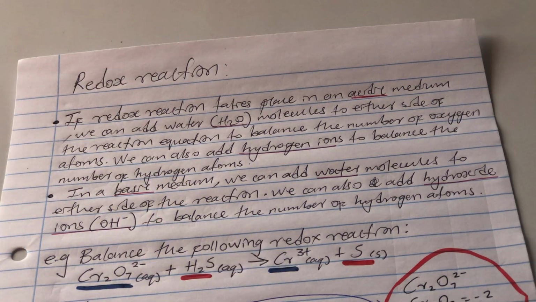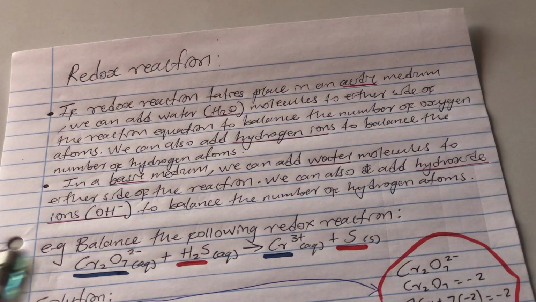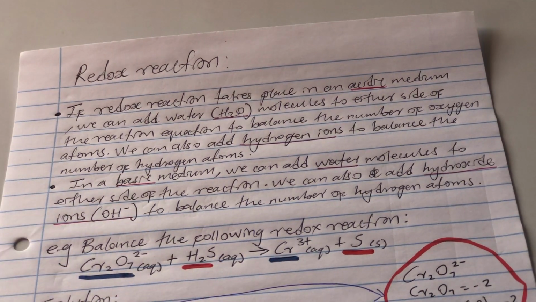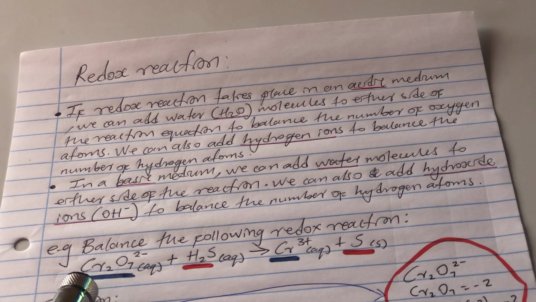So for us to be able to tell, we must know the oxidation number of Cr before. Here we can tell that the oxidation number is 3 plus. But what was the oxidation number before?